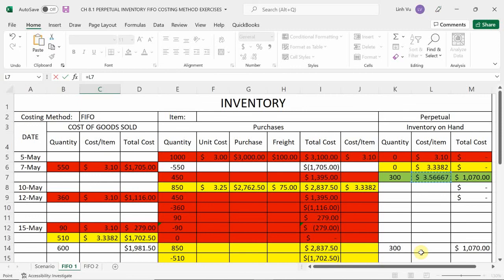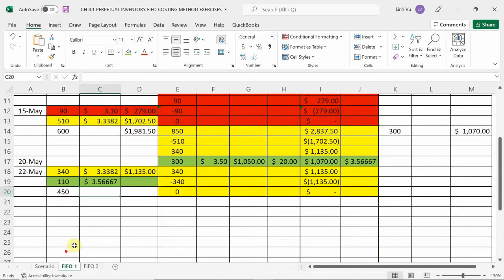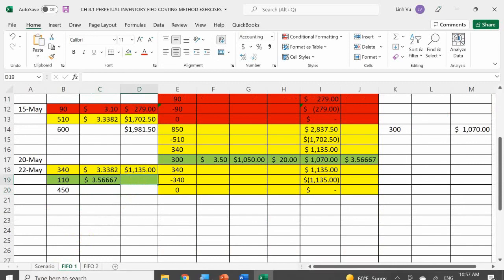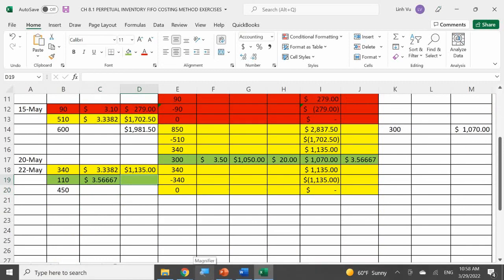What was the question? What is the cost per item for my green batch? 3.5667. So therefore, what is my total cost of goods sold if I sold 110 items at 3.56666666? Is it 392? 392 and 33 cents. Good.